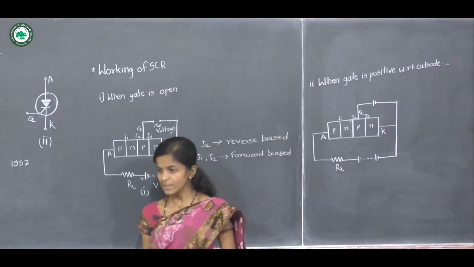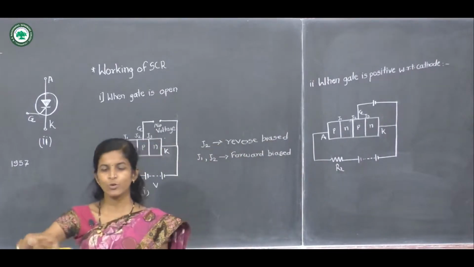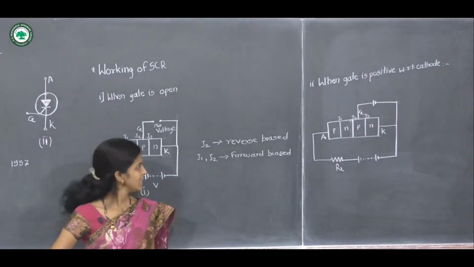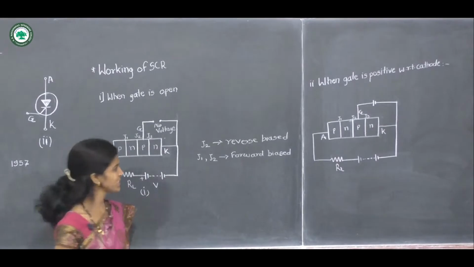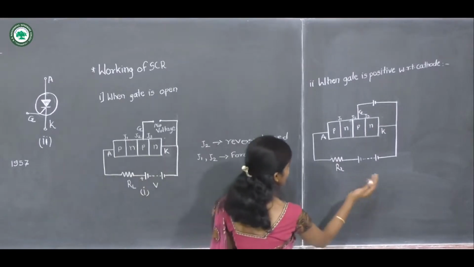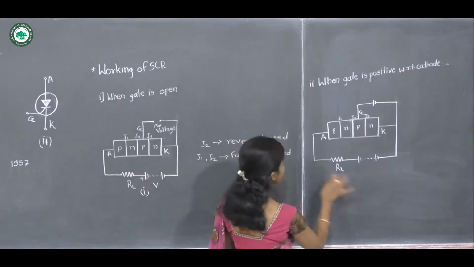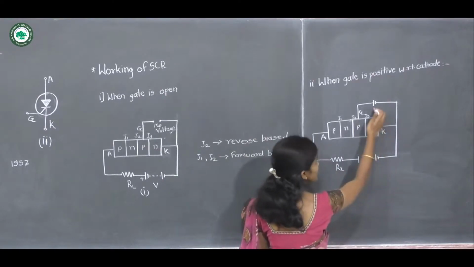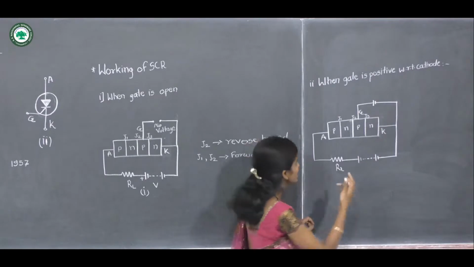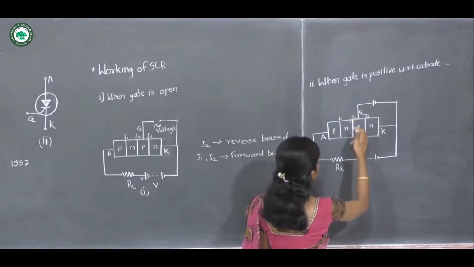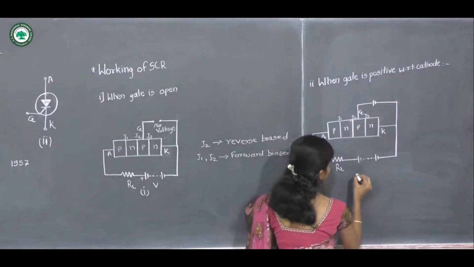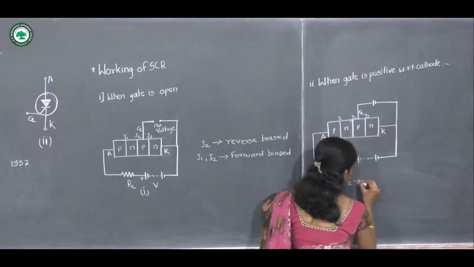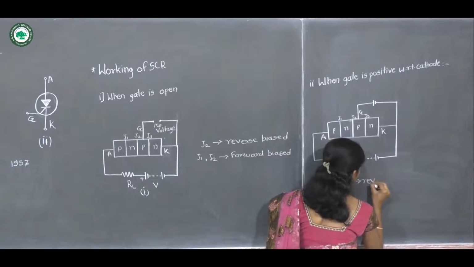So when the gate is positive with respect to the cathode, again the junction J2 becomes reverse biased, as here the potential across the anode and cathode is large as compared to this potential. So in this case also junction J2 is reverse biased.